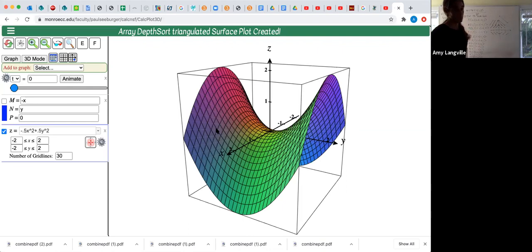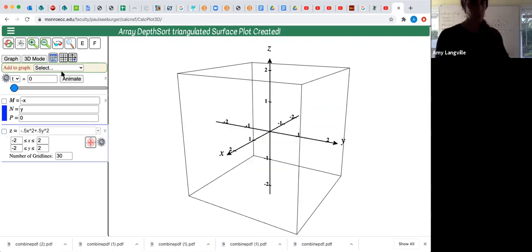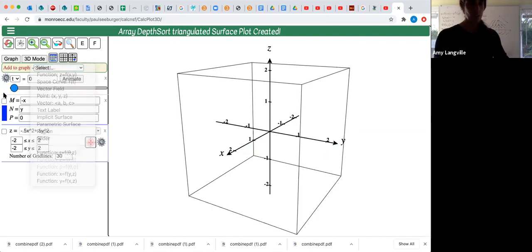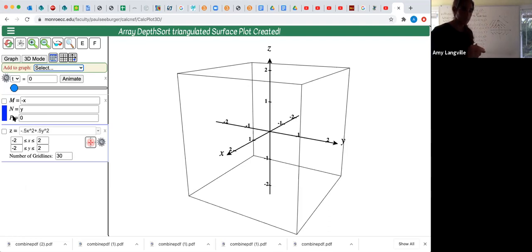And to do that, and we've seen a little bit of this from book 3, in CalcPlot 3D you select a vector field, and what shows up is an M, an N, and a P. Those are your components. In CalcPlot 3D and most textbooks, the first component is M, the second one is N, and if you have an R3 field, the third one would be P. Since we only have an R2 vector field, we just set that to 0.